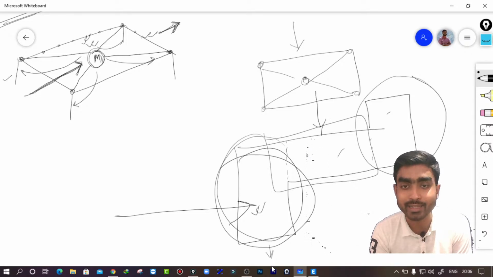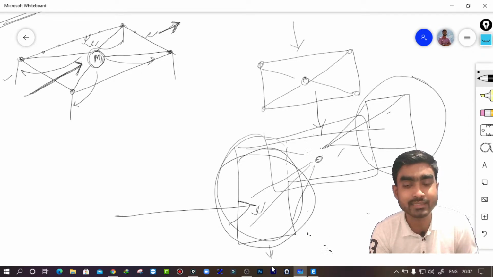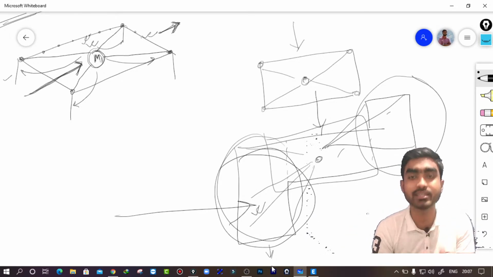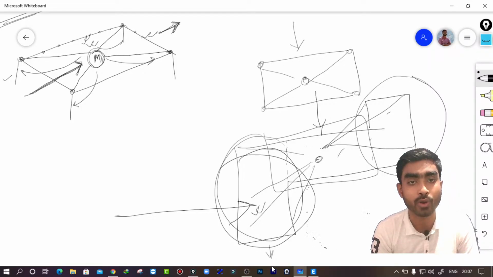So in that case, if you assign a rigid diaphragm, it will consider that all these points will move together, which is not the practical case. So in these cases, we should always go with semi-rigid diaphragm. But in every single case, if you consider semi-rigid diaphragm, there is nothing wrong.